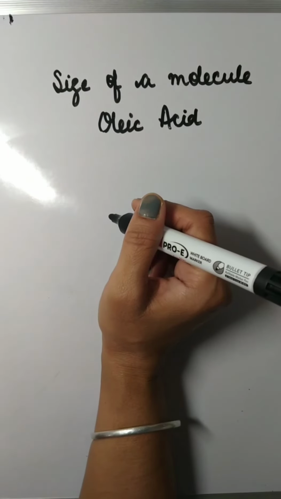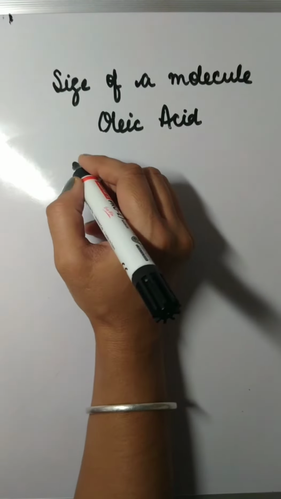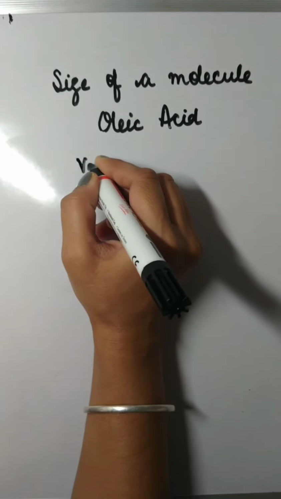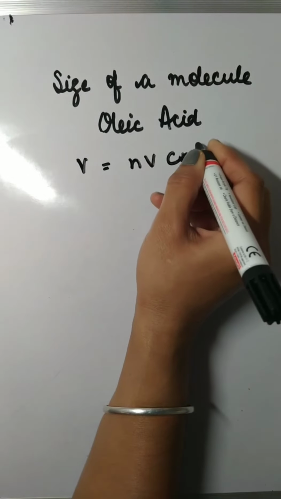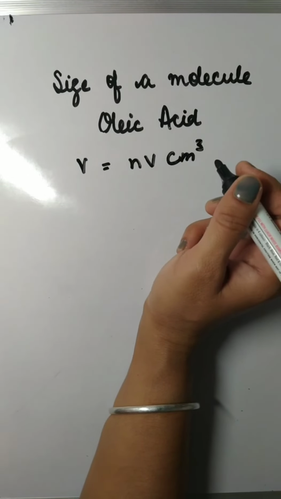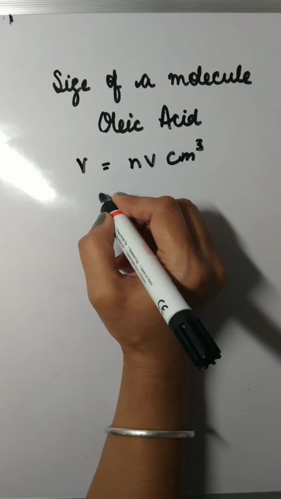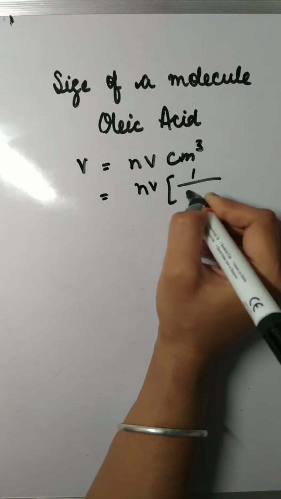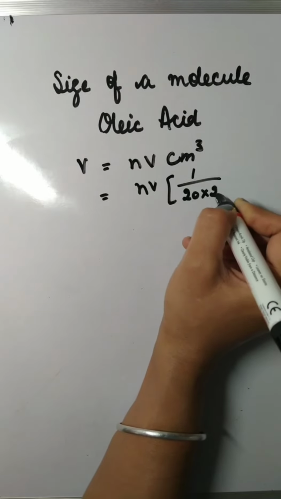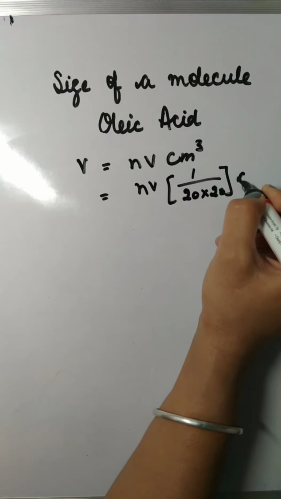Now we know that the volume of n drops of solution is nV centimeter cube.